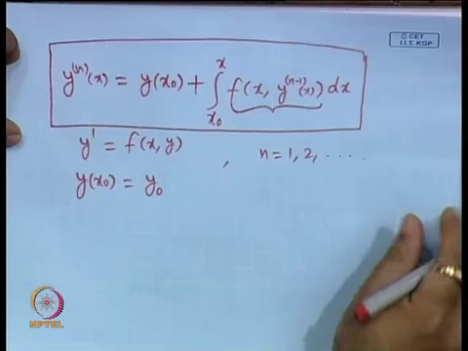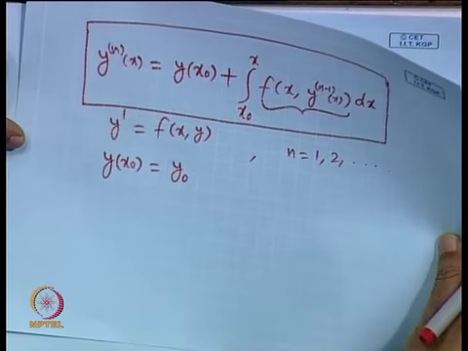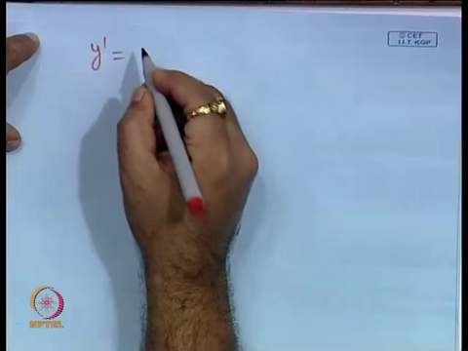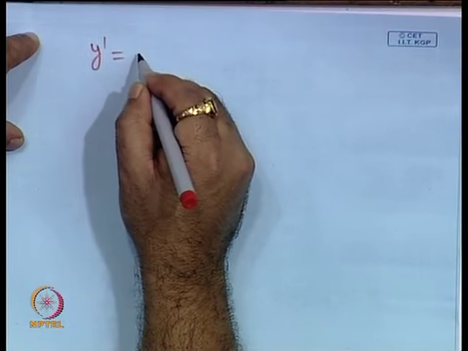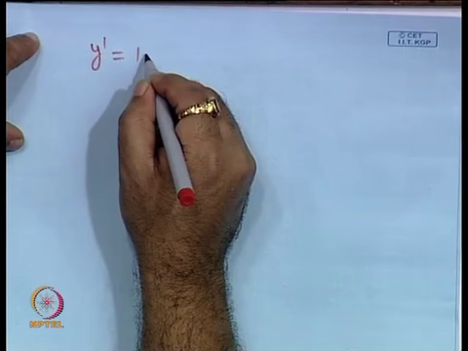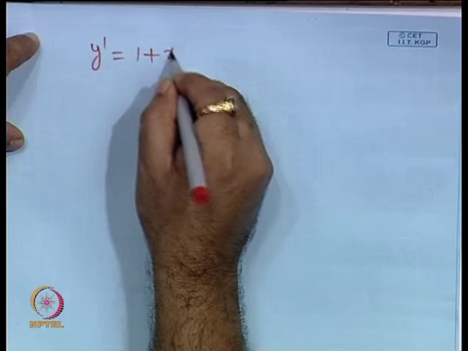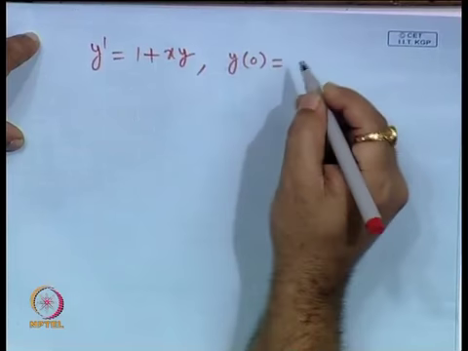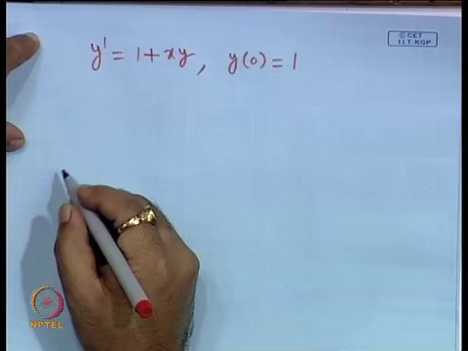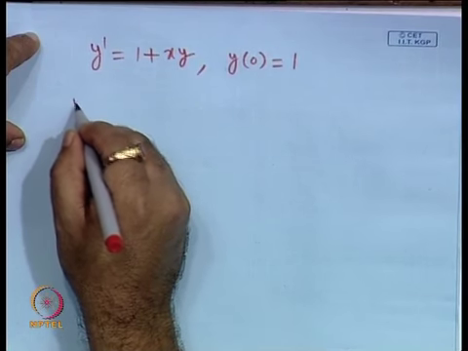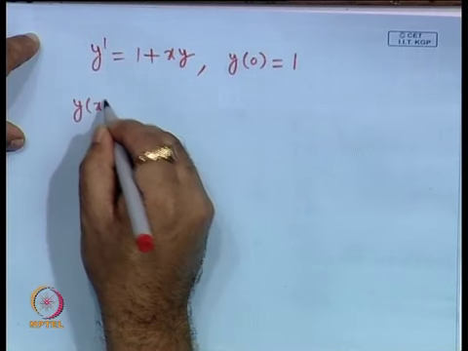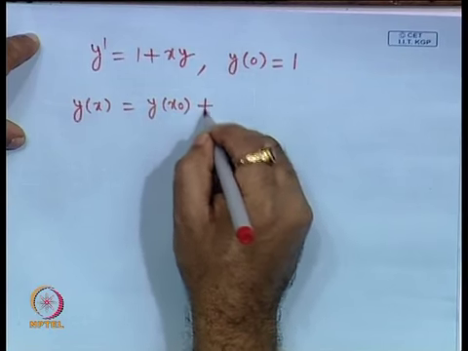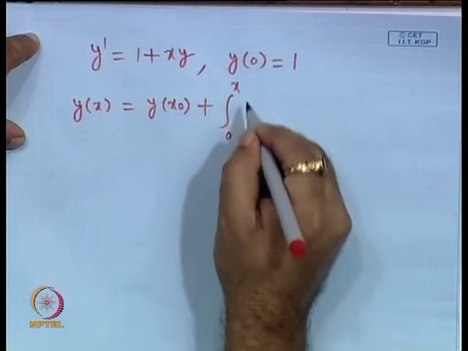Okay. So, let us try another example. So, let us say your problem is y dashed equals 1 plus x y, okay, and let us say the condition is y of 0 equals 1. Okay. So, we define first approximation y 1 of x as y of x naught plus integral 0 to x.